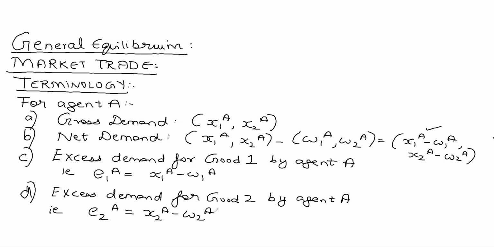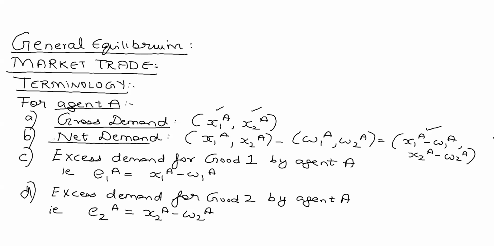Let us revise these terminologies once again. To understand the concept of market trade, we need to first understand these terminologies. There were two agents A and B, and from the buying and selling chapter in micro semester 3, for agent A, his gross demand is what he actually consumes, x1a, x2a.